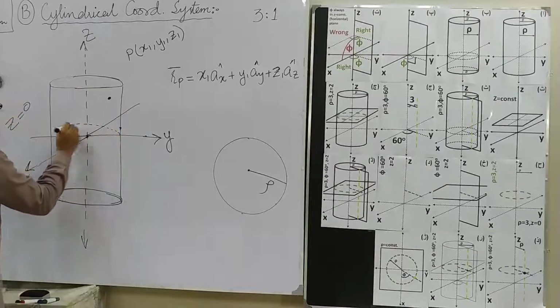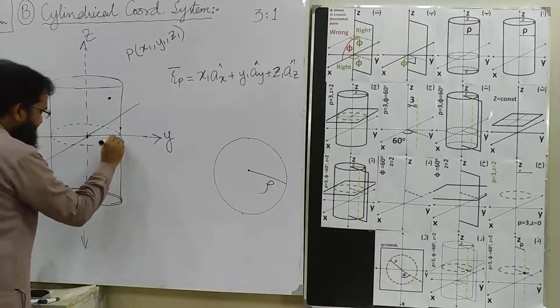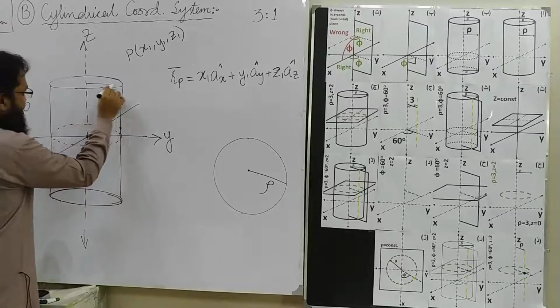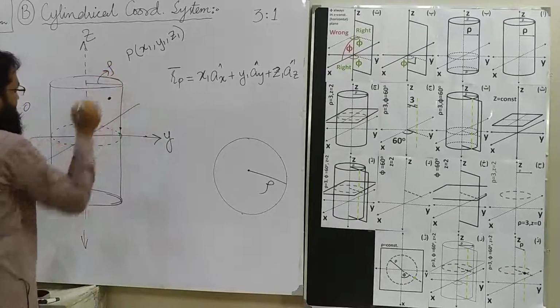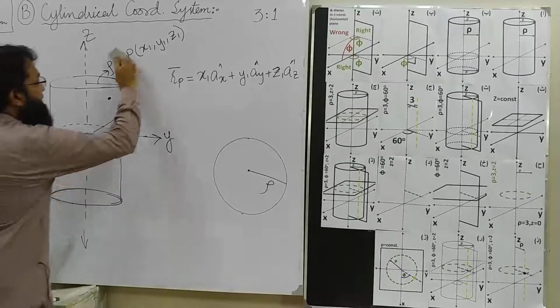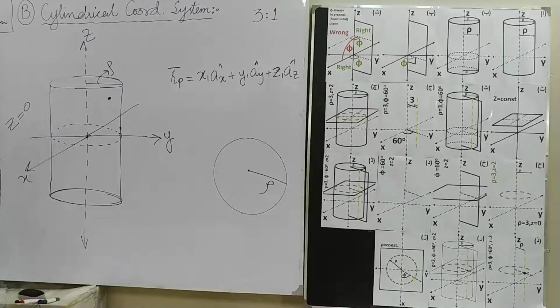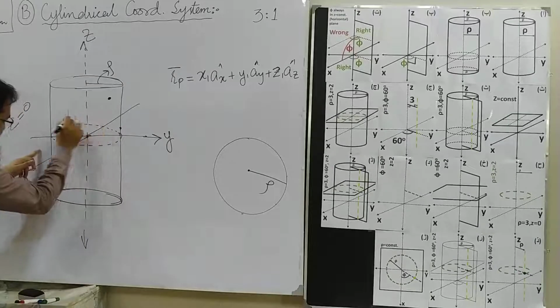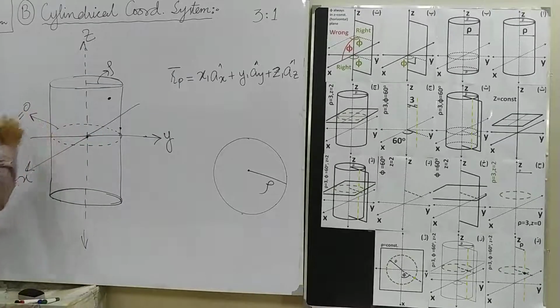So if I want to know the intersection of the z equals 0 plane and this whole cylinder, what will I get? I will get a circle whose radius is the same, rho. Okay, I can just remove this now, and this circle is lying on the z equals 0 plane, or in other words the xy plane.